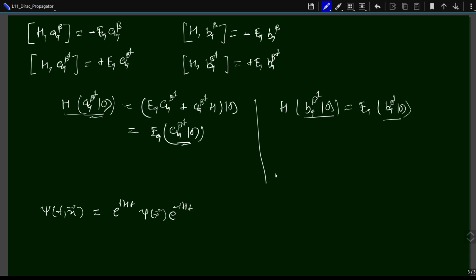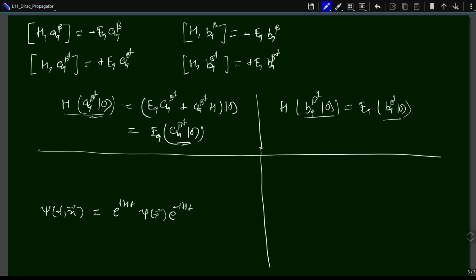What you will see here is that this involves exponential i H t a_p^β exponential minus i H t, and if I expand this, it is nothing but a_p^β exponential minus i E_p t.